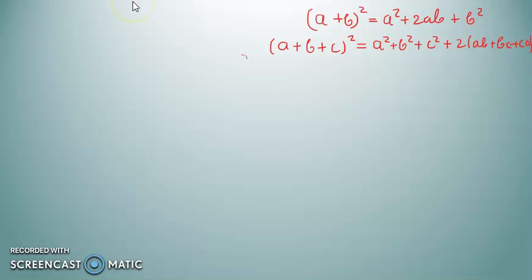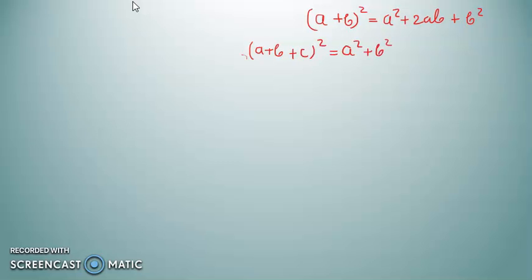Let's write this one more time to be a little more beautiful. So a plus b plus c squared is equal to a squared plus b squared plus c squared plus 2 times ab plus bc plus ac.